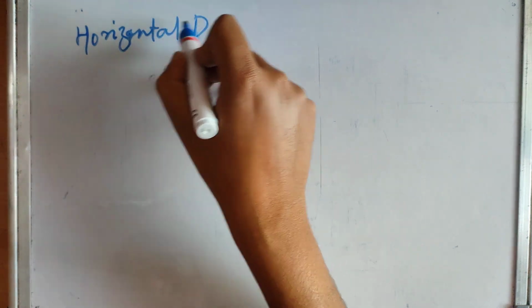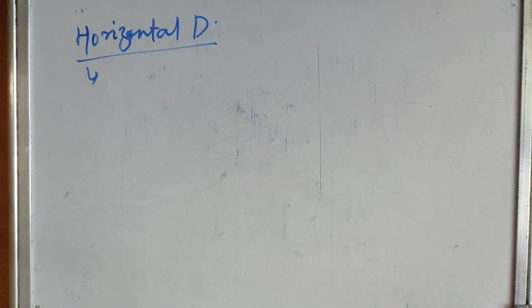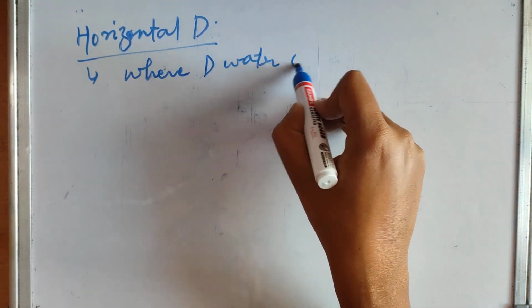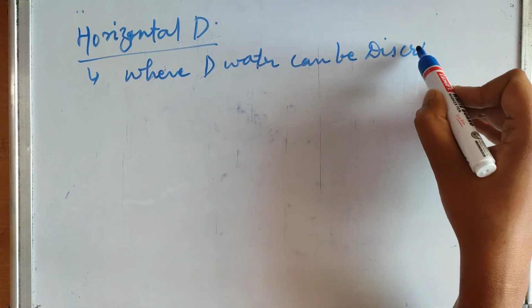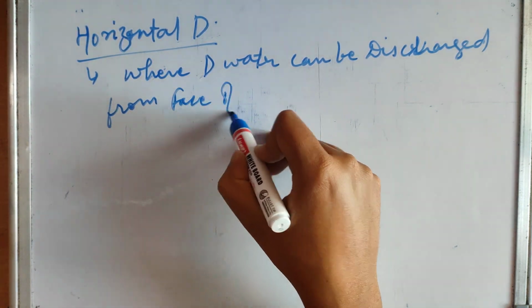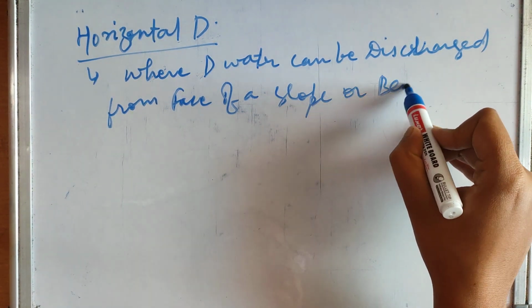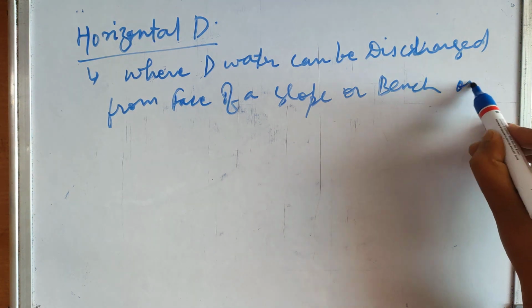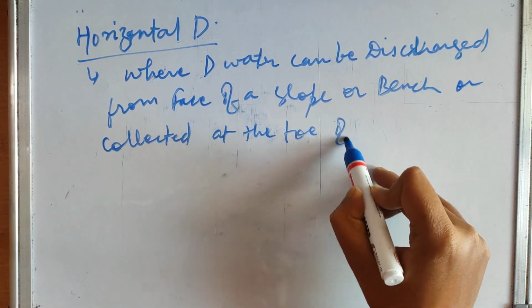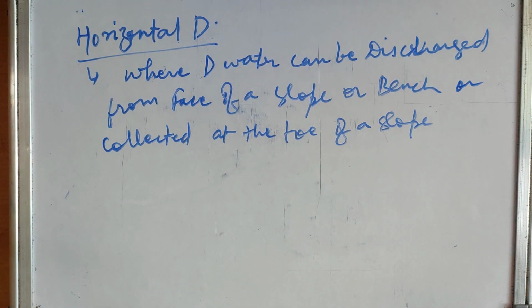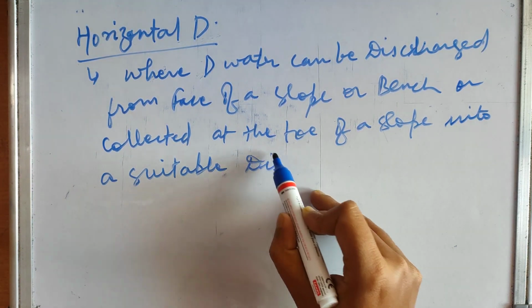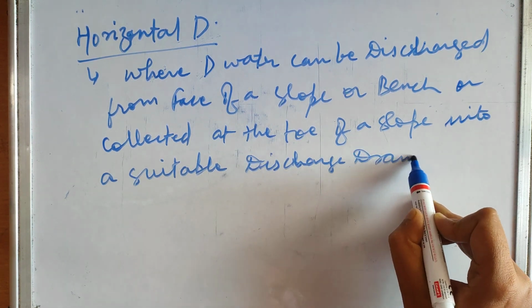Horizontal drainage is conveniently used where drainage water can be discharged from the face of a slope or bench, or collected at the toe of a slope into a suitable discharge drain or an outlet.